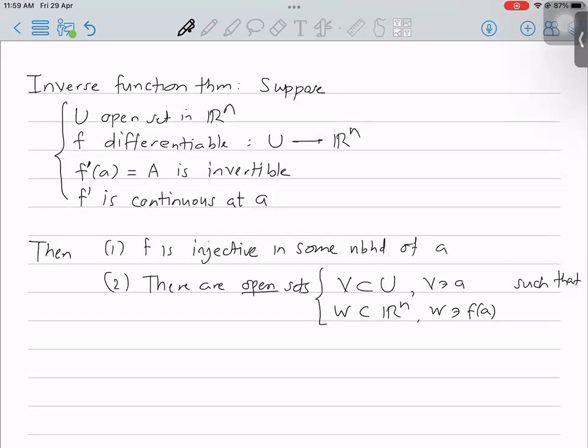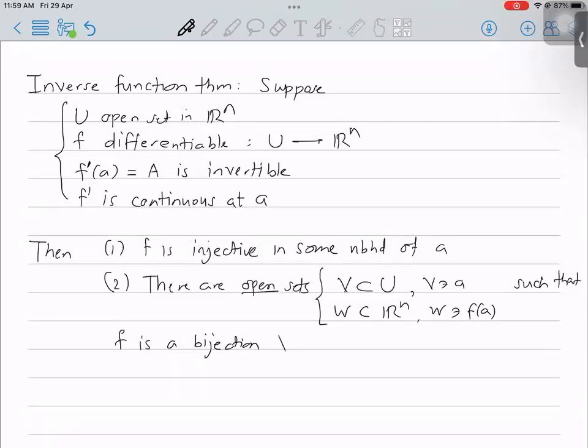So what I'm going to say is that f restricts to a bijection between V and W. So in other words, W is just f of V. But the key point is that W is also supposed to be open.